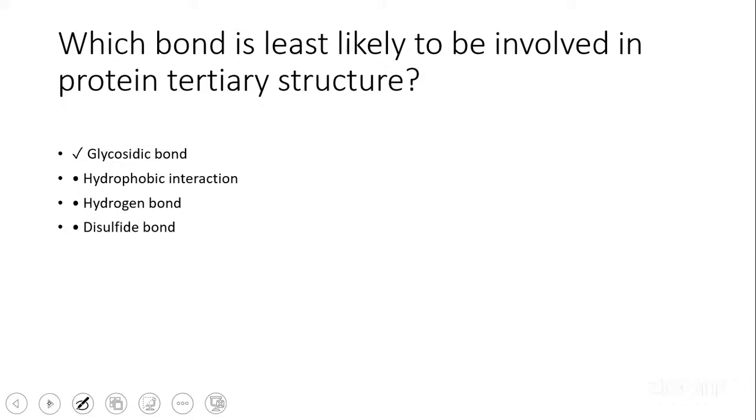Least likely. Of course, the glycosidic bond should not even be there in the first place. So the answer is glycosidic bond.